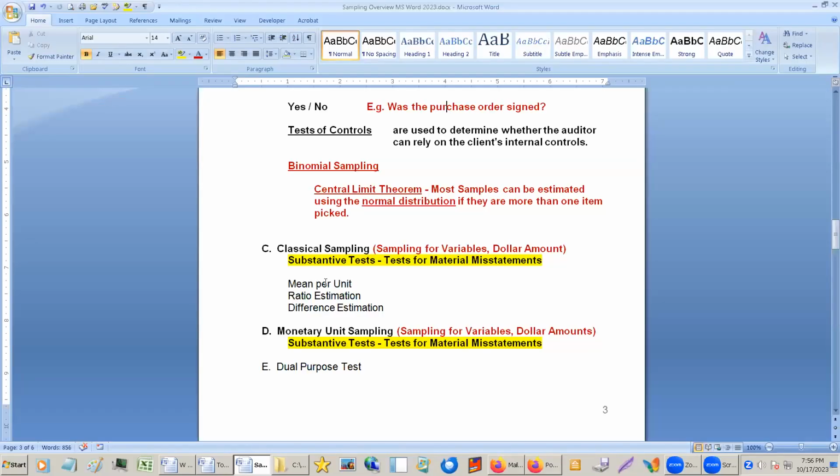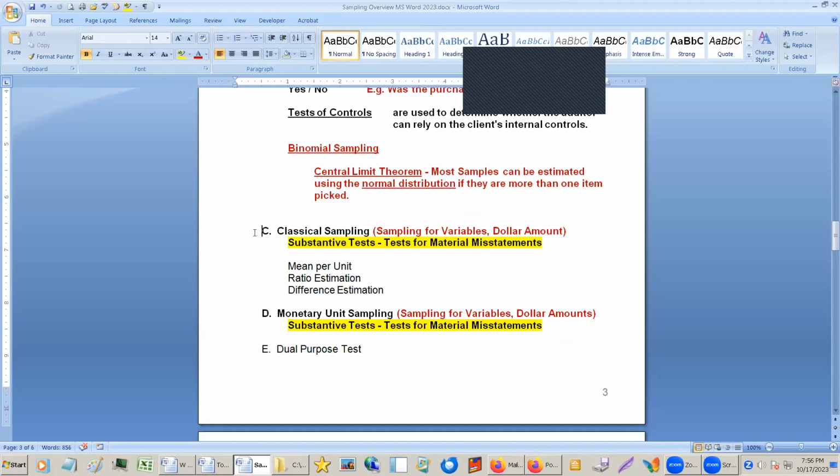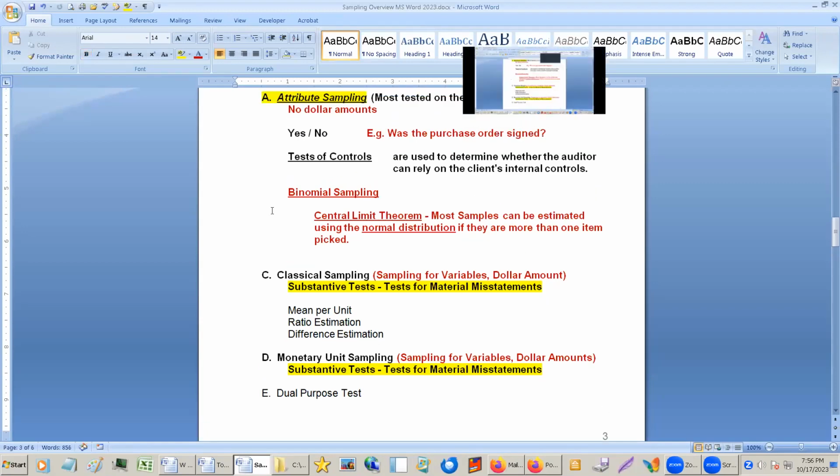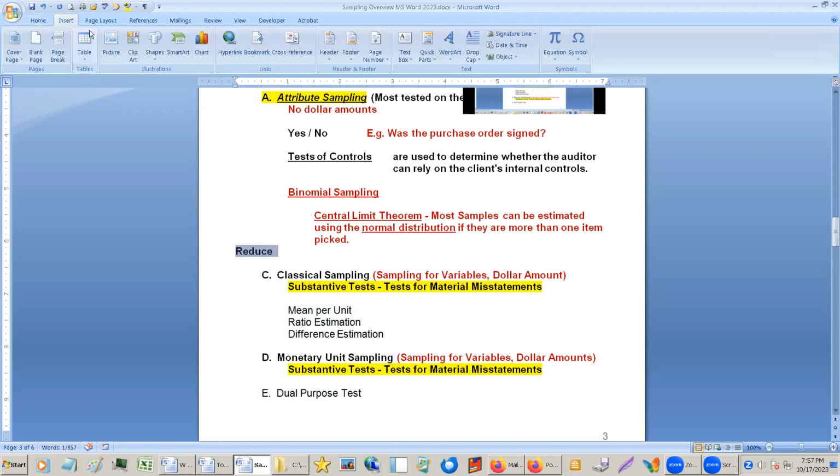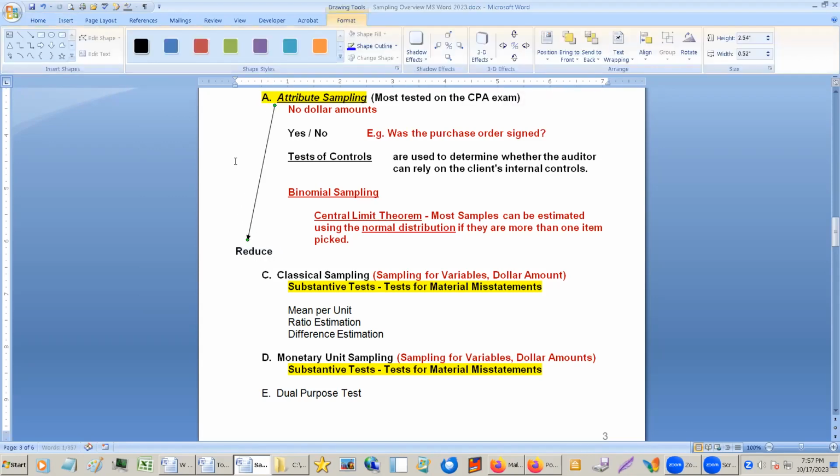But the reason for us doing it is to reduce these. Let me put that in. So if you find you can really rely on these internal controls, well, then you can reduce what they call your substantive testing.